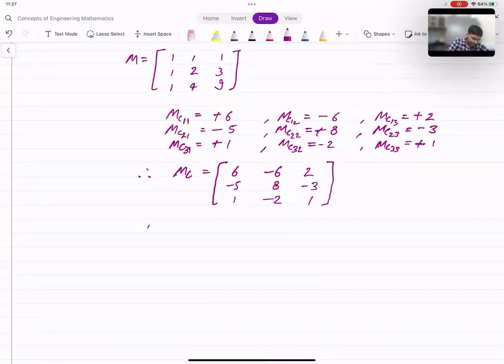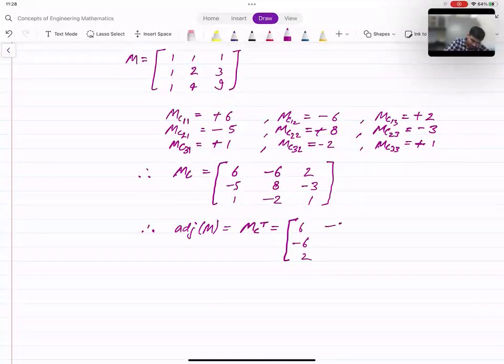Therefore, adjoint of M is nothing but MC transpose, and this is 6 -6 2, then -5 8 -3, and then 1 -2 1.